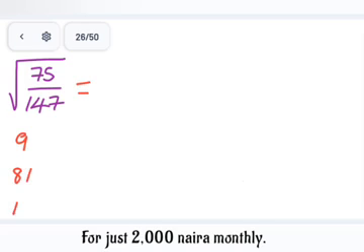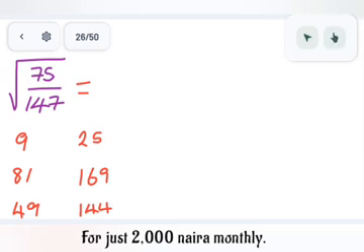We also have 49. We have 25. We have 169. 12 times 12 is what? 144, right? So all of these numbers, you see, it is possible for us to multiply a number by itself to give us each of these numbers.